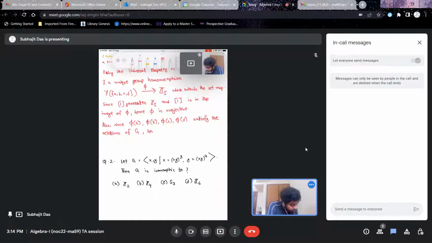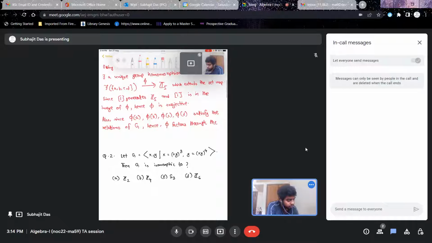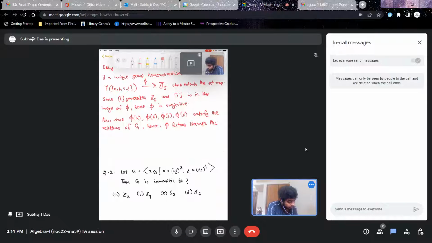Hence, what this basically means is that phi factors through the map. So let me add some space.